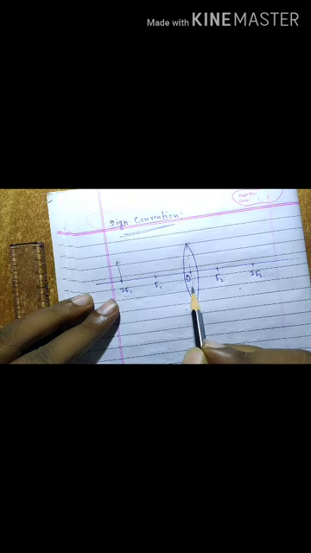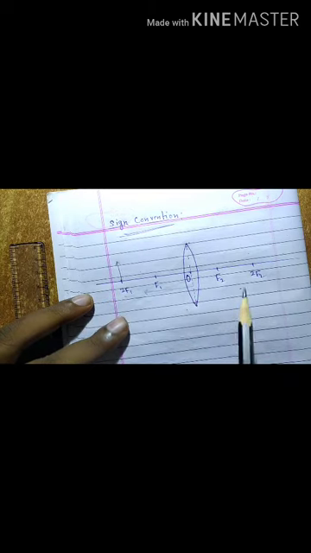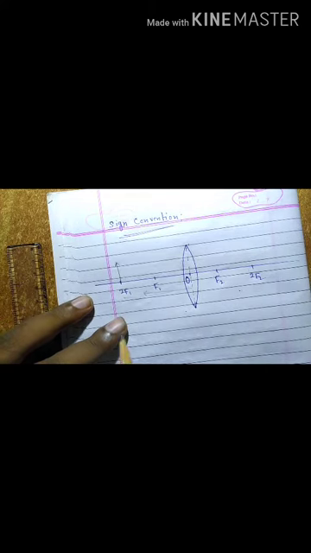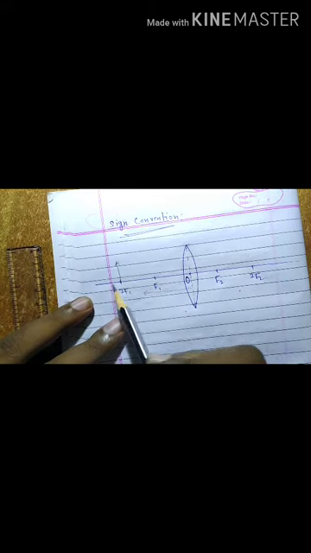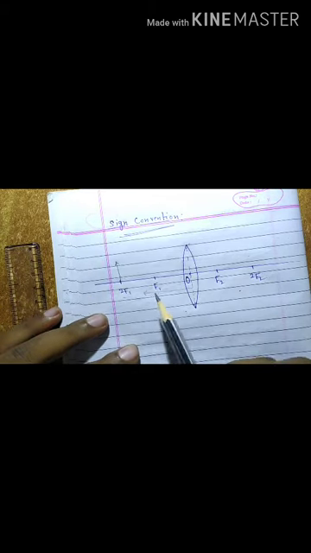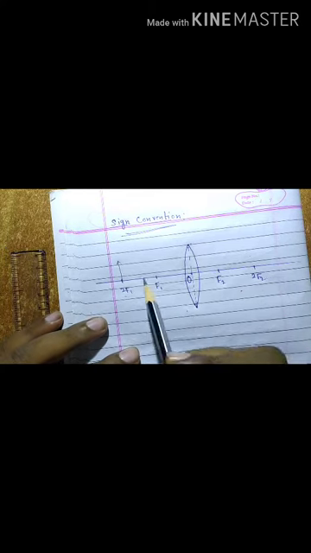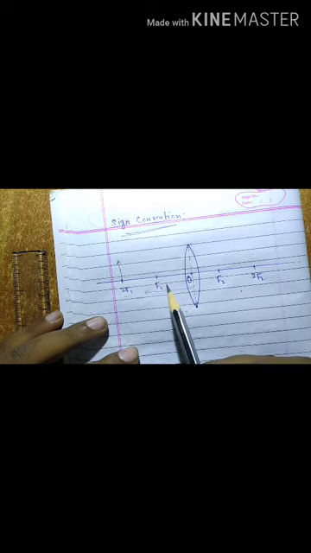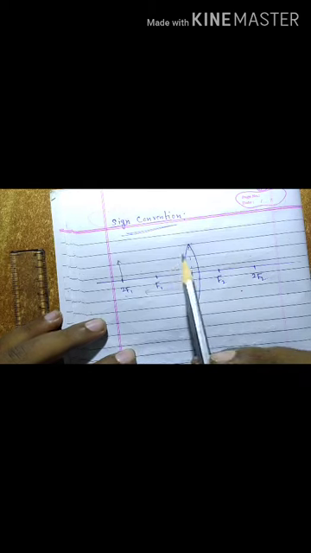Always we will measure the distance from optical center. This is the important point. You may ask, sir, we can measure distance from this side or this side, the distance will be the same. You are correct. But according to sign convention, you have to take the distance from the optical center. Right? The reason is in the sign. Okay, I will explain later.